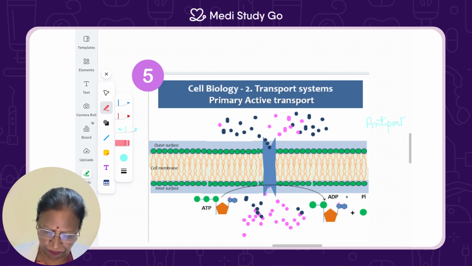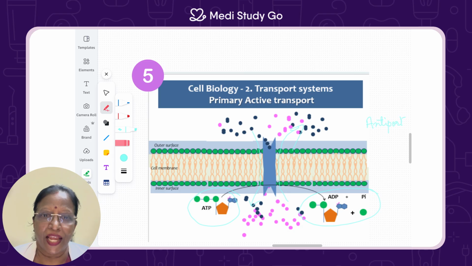As a result, when molecules are getting transferred from lower concentration to higher concentration, ATP is hydrolyzed to ADP and inorganic phosphate, and the energy released is used for the transport of these ions.